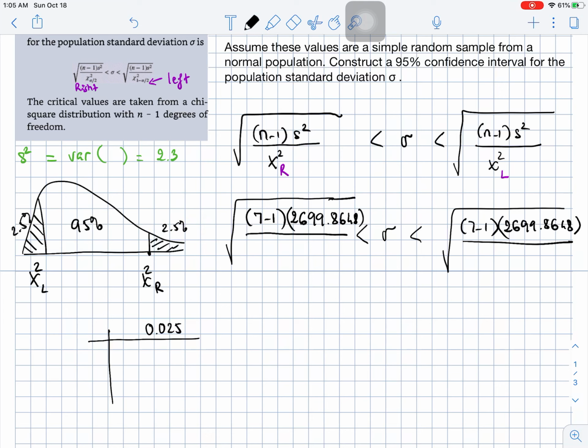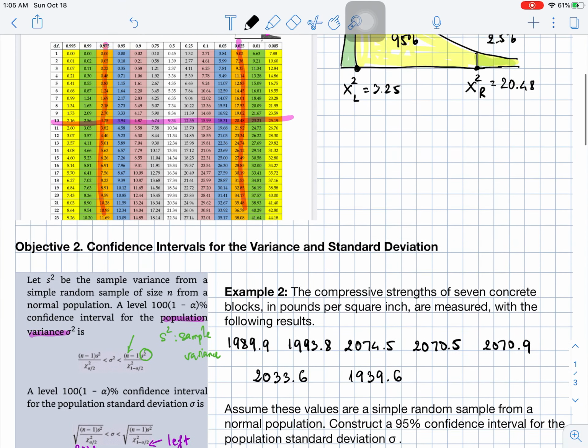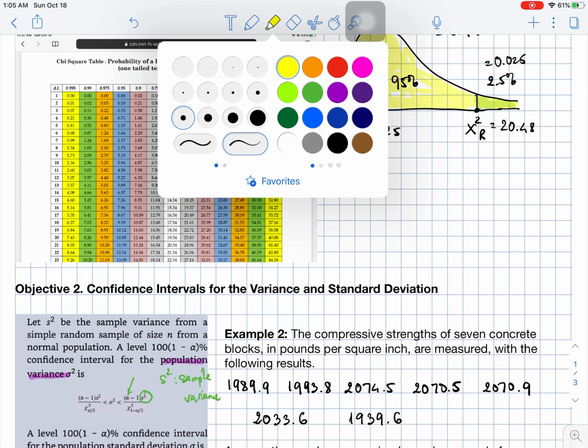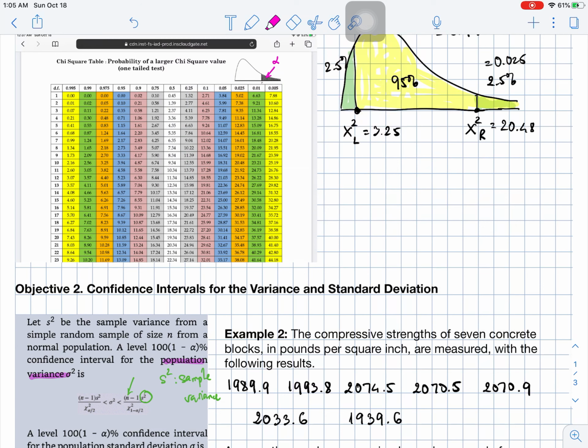The chi-square right is on the right side, the chi-square left will be on the left side. For the chi-square right, we will find it first because it's shaded on the right side. We know the shaded area on the right side is 0.025.